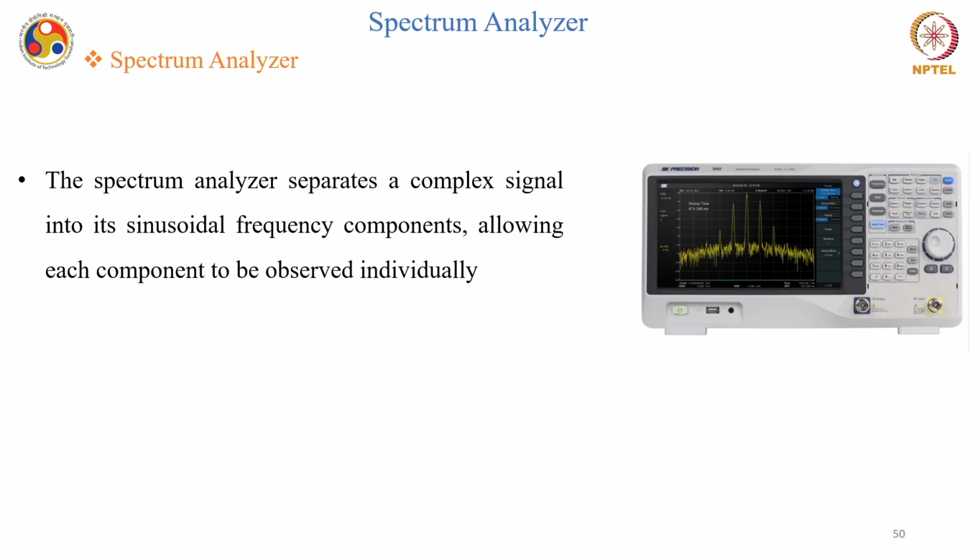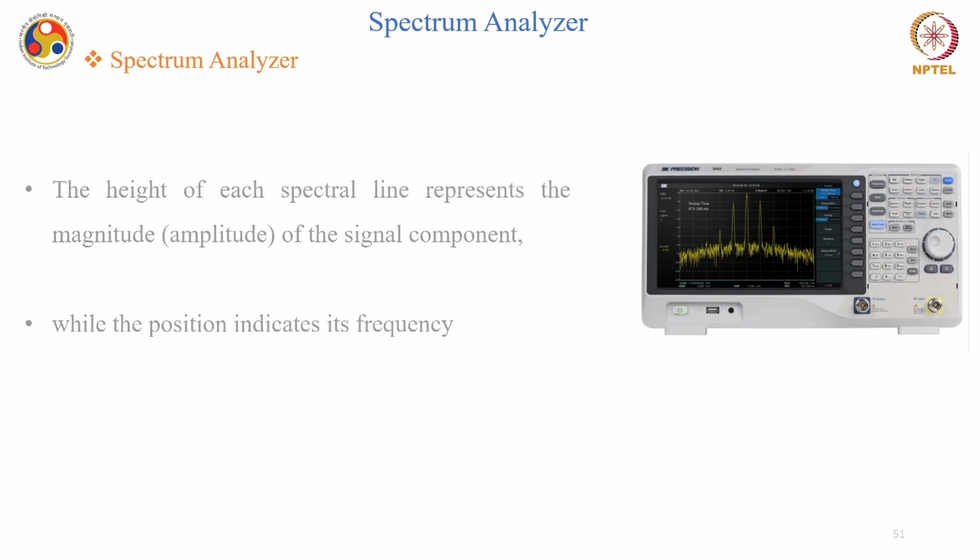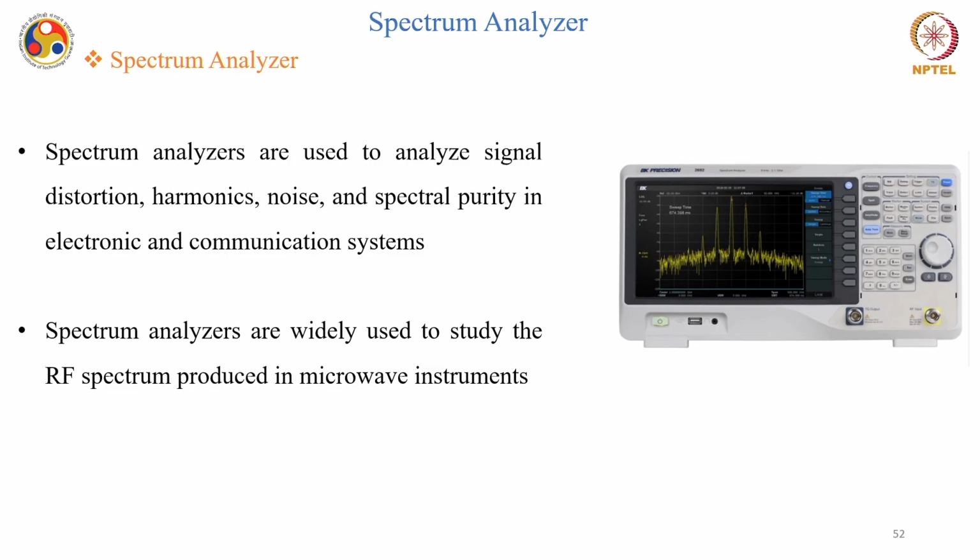The spectrum analyzer separates a complex signal into its sinusoidal frequency components, allowing each component to be observed individually. The height of each spectral line represents the magnitude or amplitude of the signal component, while the position of it indicates its frequency component.